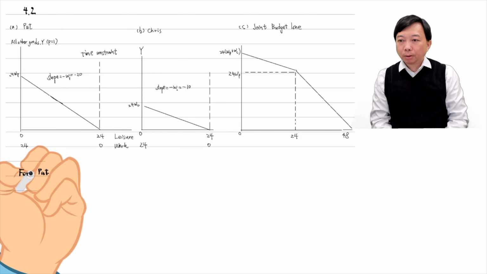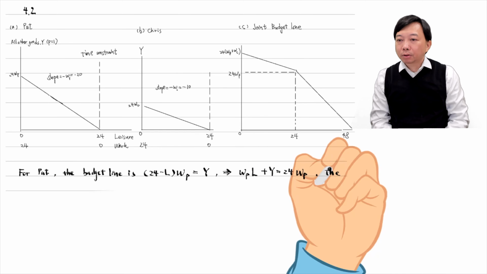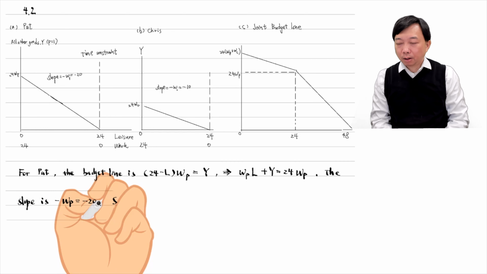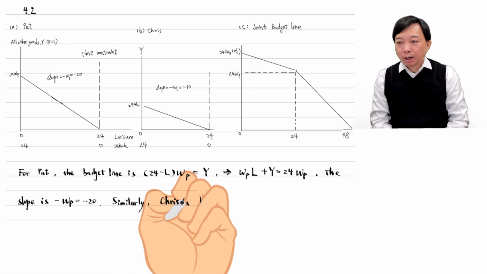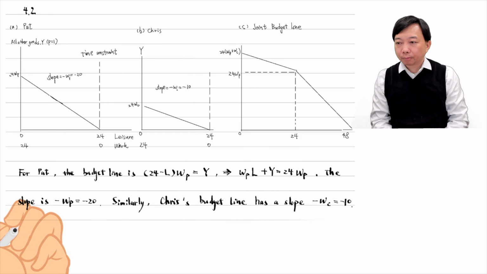For Pat, the budget constraint is as follows. The slope of the budget line is minus WP equals minus 20. Similarly, Chris has a budget line with a slope of minus 10.